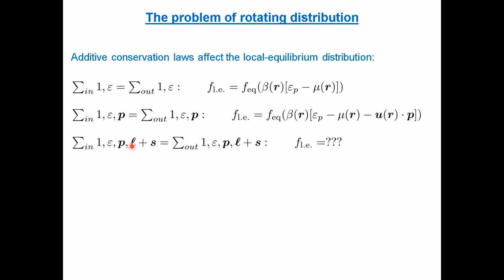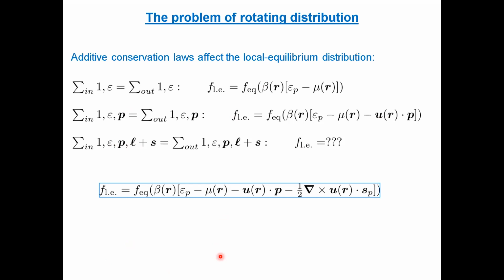So what is then the local equilibrium distribution function for this case? The answer to this is very well known. You add another Lagrange multiplier, which is basically the angular velocity of the rotation of the fluid.